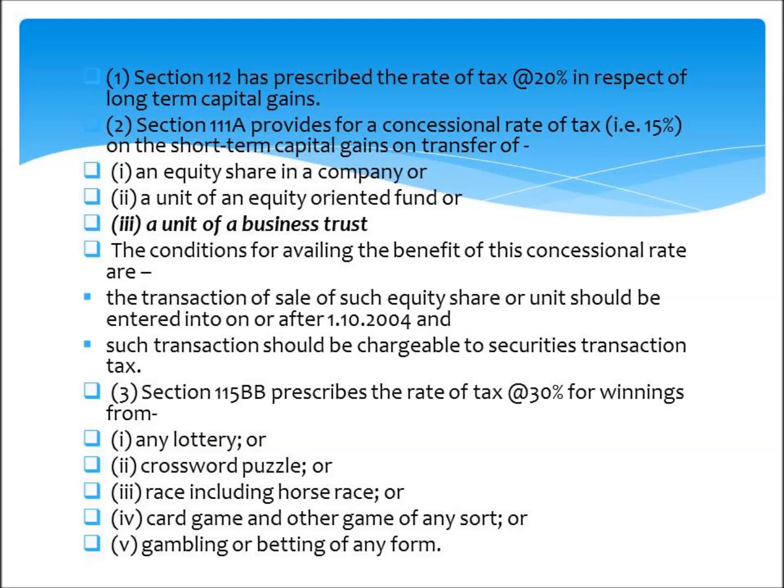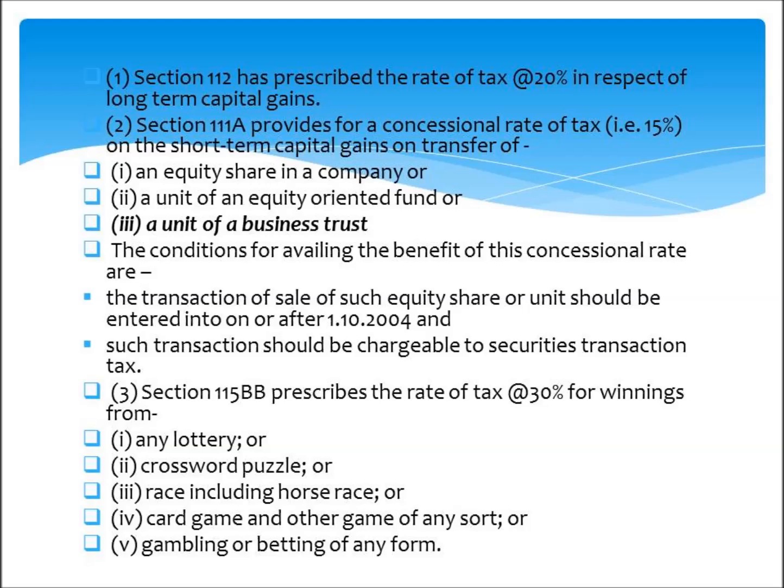So if we want to avail the concessional rate of tax at 15% on short-term capital gain, we can avail it on the following transfers. Number 1, transfer of an equity share of a company. If I am holding an equity share and I am transferring that and earning some short-term capital gain on it, then 15% of tax will be levied upon it.